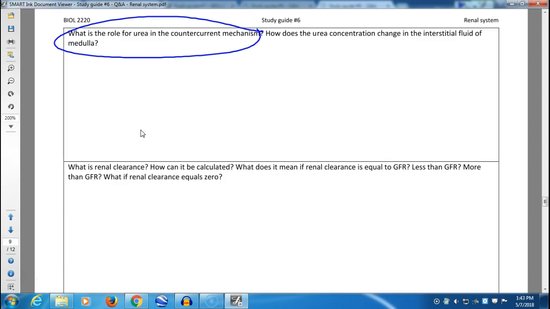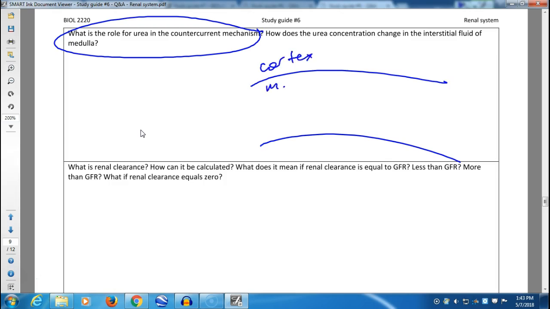Okay? So that's all I want you to know. So imagine this is cortex. This is medulla. Urea concentration increases. That makes sense.